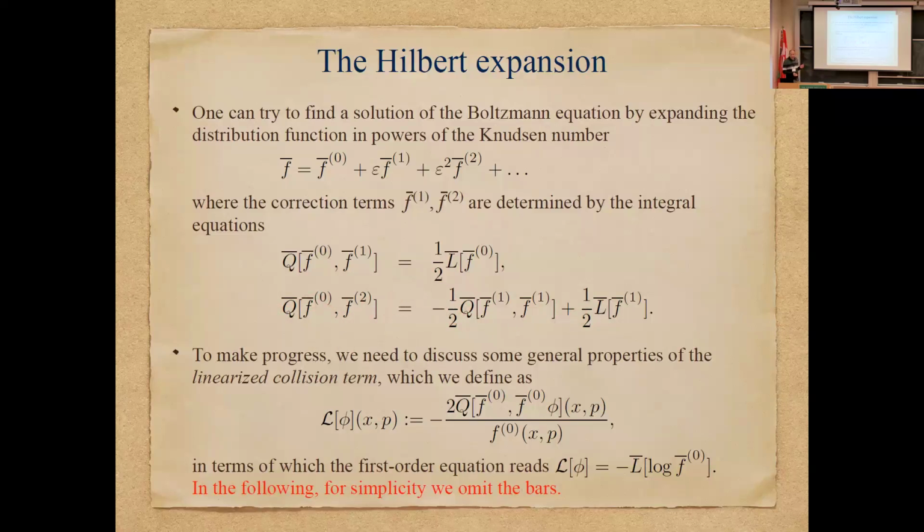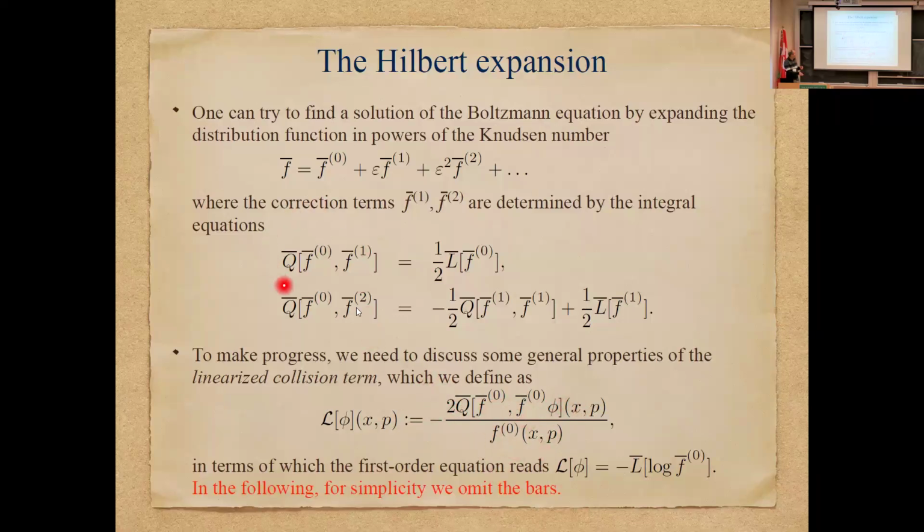Now, what we need to do is we're going to study this linearized collision term, and we're going to define it like this. So instead of working with f1, we're going to write f1 as f0 times phi. So f0 is positive, so I can write this in terms of a deviation from f0, like this, and then we divide by f0, and the -2 is just for convention.